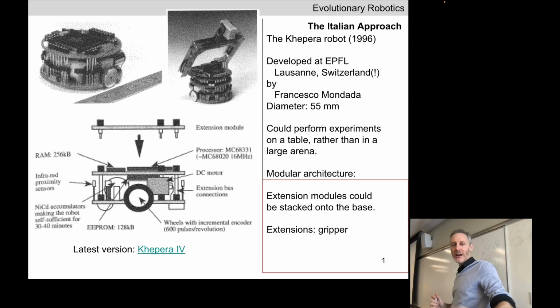You can see it's got two wheels, a left wheel and a right wheel, and a couple of sensors on it. Where have we seen robots with a left wheel and a right wheel and a couple of sensors before? The light sensing vehicle by Valentino Braitenberg, which he published in the 80s.